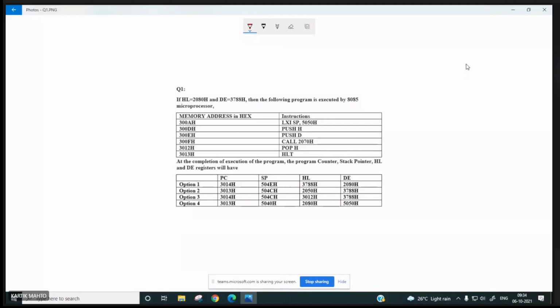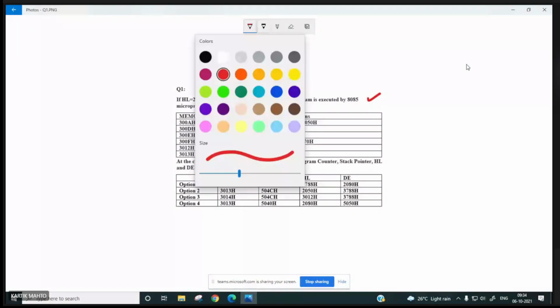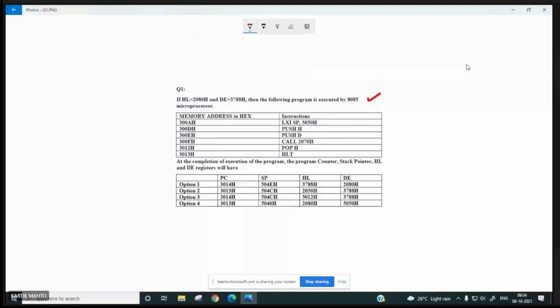So this one is question number 1. Question number 1. Here HL register is assigned to what? 2080. So H will be, why is it not writing?